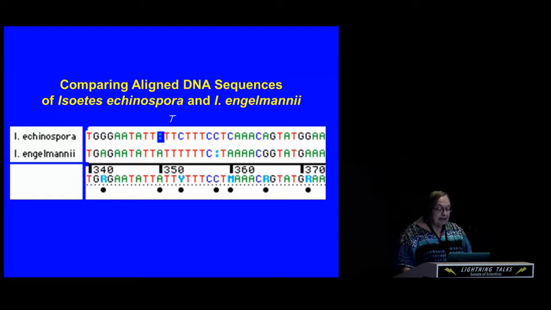And you can see in this slide of the two species we're looking at, Echinospora and Engelmannii, that there are differences for a gene called leafy, which is involved in vegetative to floral transitions in flowering plants, and is found all the way back to the bryophytes and even the green algae progenitors of the land plants.